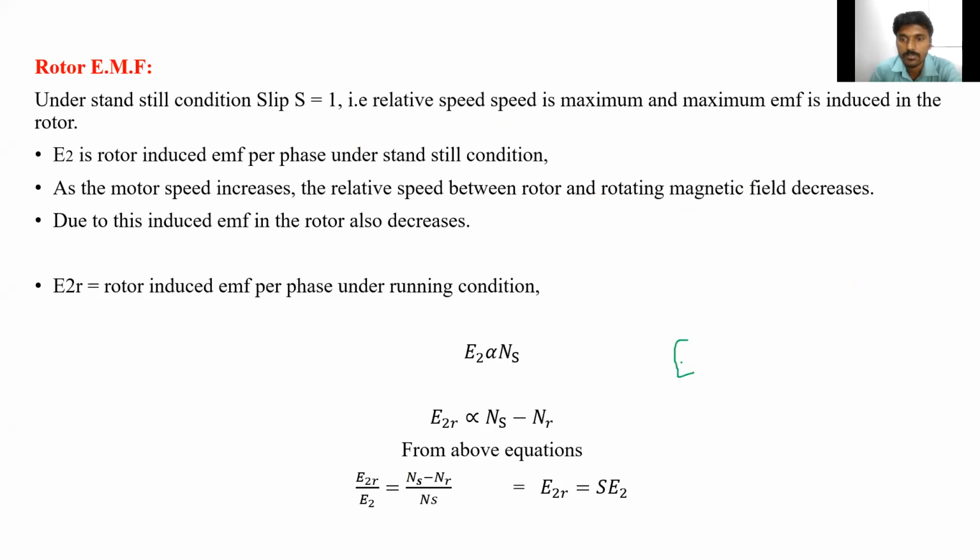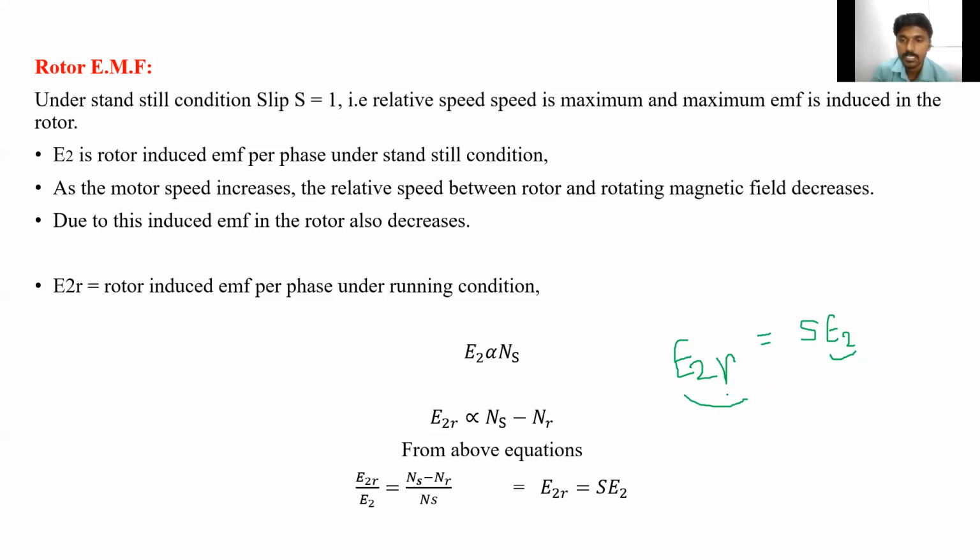So the induced EMF of the rotor circuit under the running condition, E2R, is equal to S into E2. Here E2R is the induced EMF under the running condition, and E2 is the induced EMF of the rotor circuit under the standstill condition.